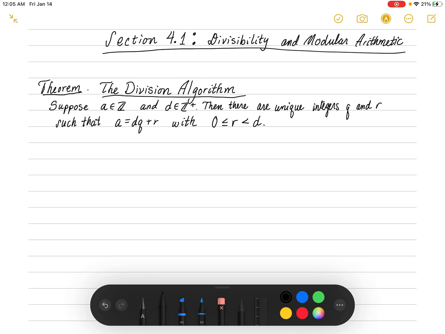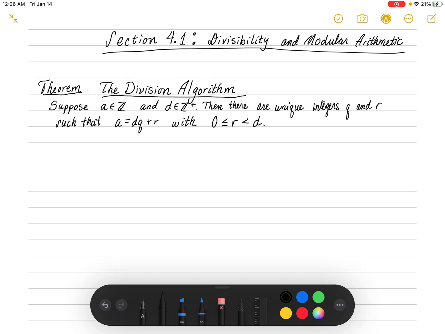The division algorithm says, let's suppose you have an integer a and a positive integer d. So a is an integer, d is a positive integer. Then, there are unique integers q and r such that a equals dq plus r, with r greater than or equal to 0 and less than d.